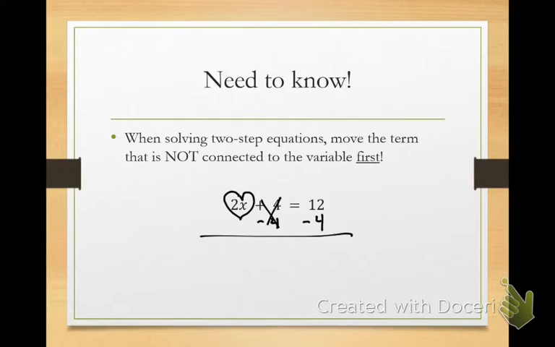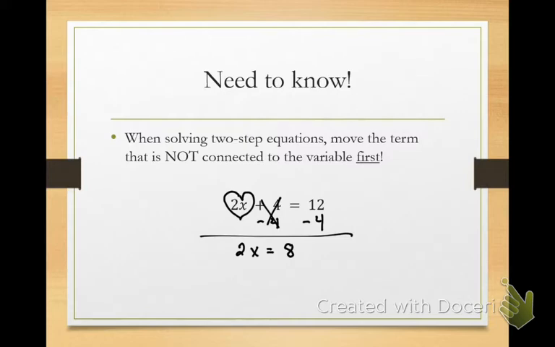Now bring it down, and 2x equals, what's 12 minus 4? 2x equals 8. Now I have multiplication connected to my variable, so what operation solves for x?